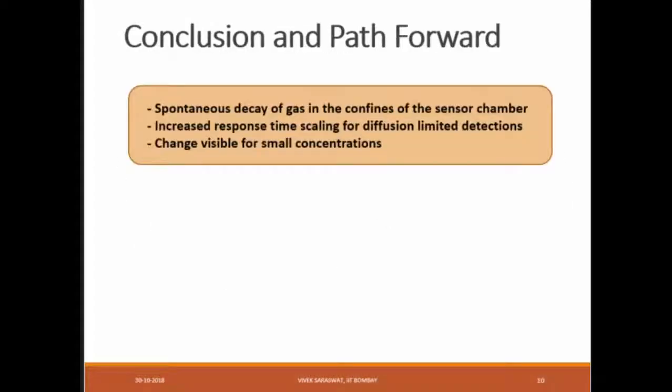So to conclude, the main takeaway of this work is that we need to take into account the spontaneous decay of gas when it is in the confines of a chamber. For diffusion limited detection, we can expect that the response time will scale differently for large concentrations, and with a different exponent for small concentrations.